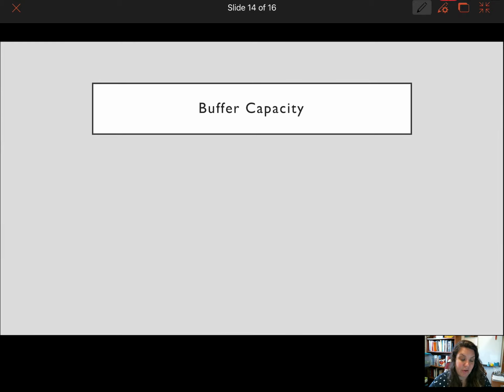We can also look at what's called the buffering capacity, or buffer capacity. It is the amount of acid or base that a buffer solution can neutralize before it is out of our buffering range.